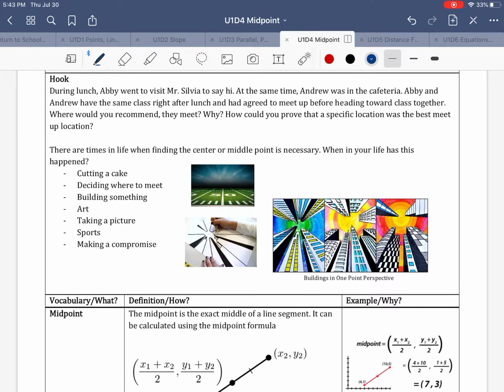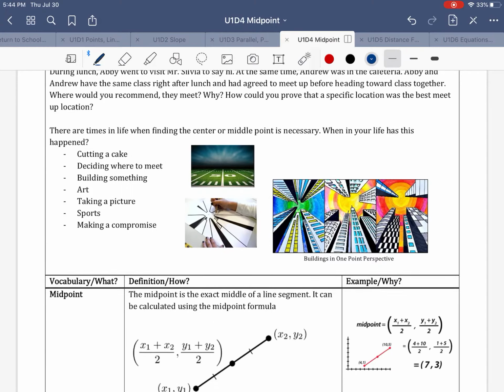A lot of times, getting it right in the middle of something. But there's also maybe more philosophical reasons, like making a compromise. Right? How does both sides give in a little bit so that they can come to a group consensus? Things like this all go into this idea of finding the center or the middle. And we're going to learn how to do that in math today.